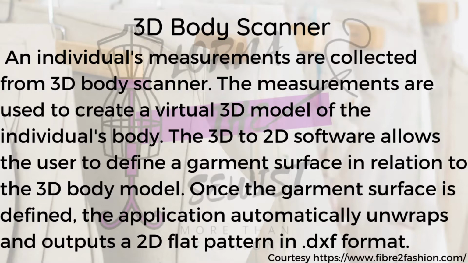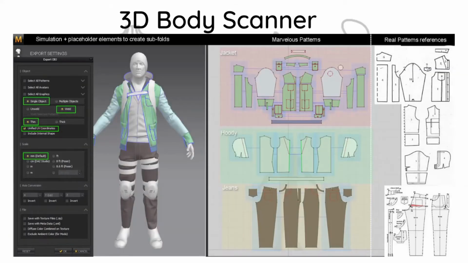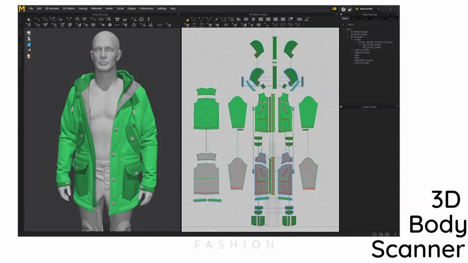So once the garment surface is defined, the application automatically unwraps and outputs a 2D flat pattern, and then you print it out as seen in these slides. I have looked into this, and it's not actually available in all countries, but it's also not cheap. But it's a very good advancement in pattern making.